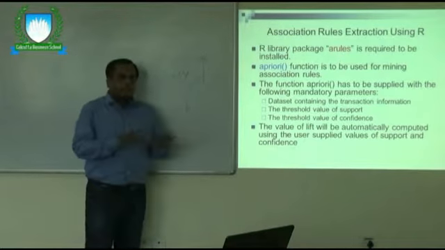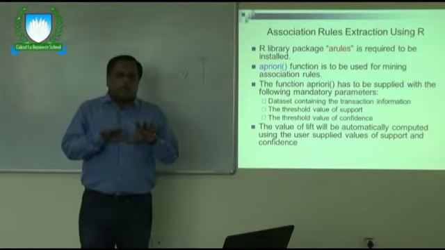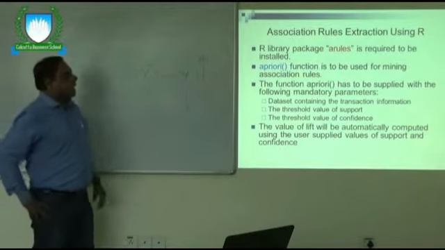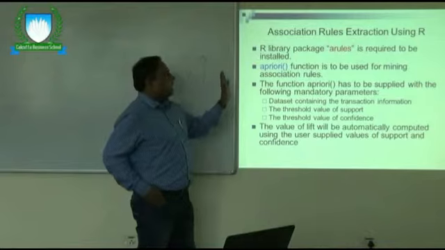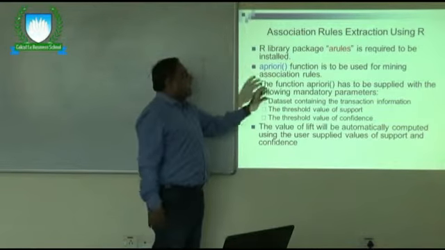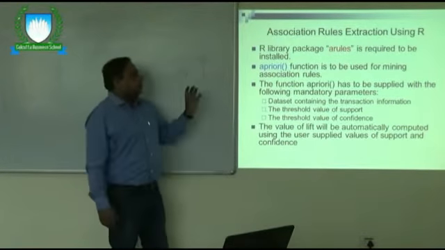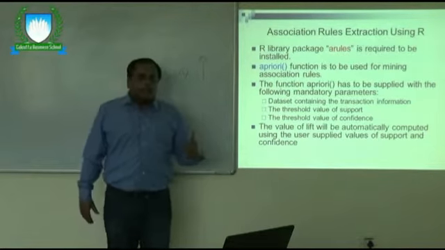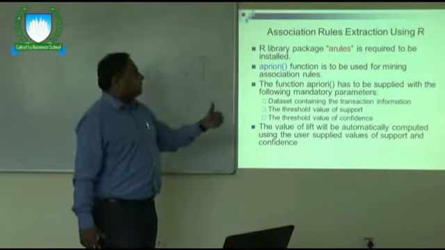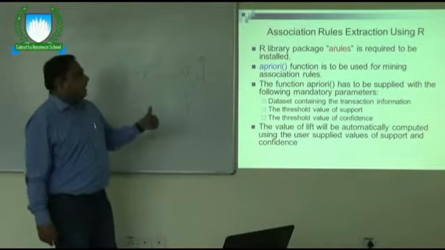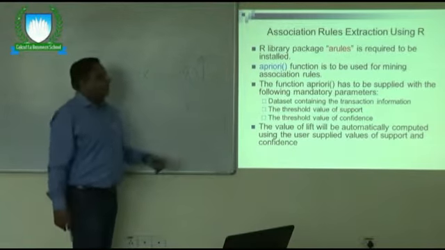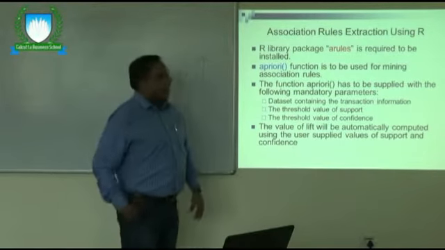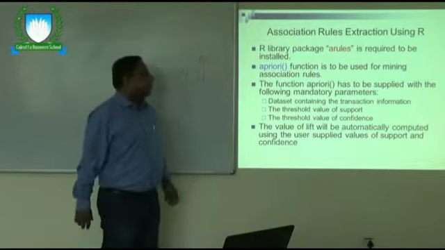Having introduced all these fundamental concepts, what an association rule is and how market basket analysis is done, I am concluding this talk by discussing how extraction of association rules is handled using one of the most popular software in statistical analysis, business analytics and data mining, that is R. R has a library called arules, which stands for association rules.